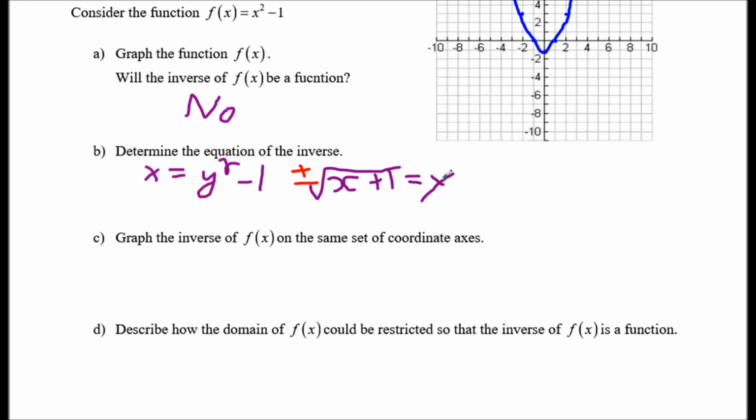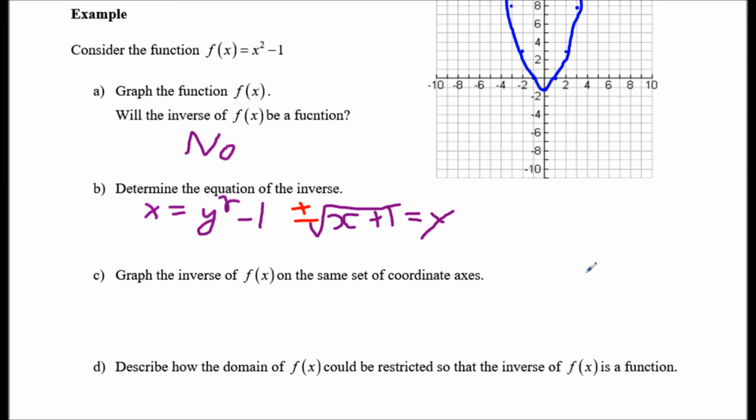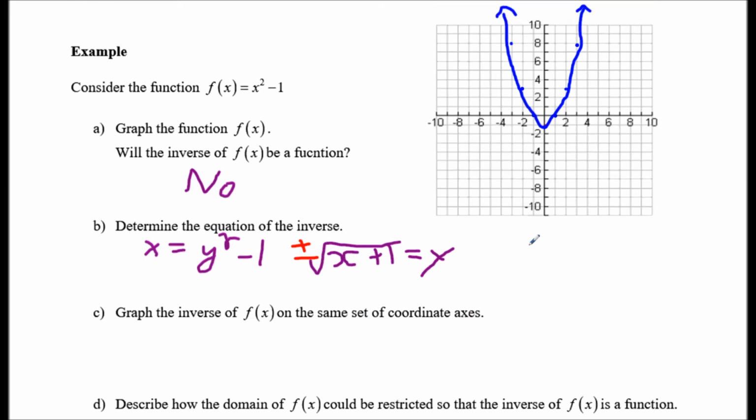Now, can I change this to f negative 1 of x? And the answer is no, because I know it's actually not a function. So I got to leave it like that. Now, graph the inverse on the same set of coordinate axes. Not a problem.